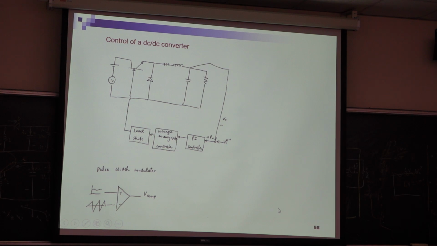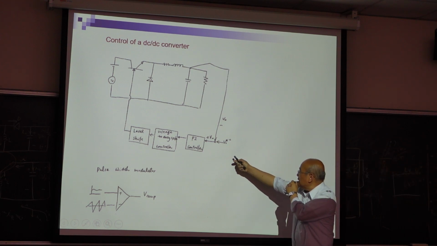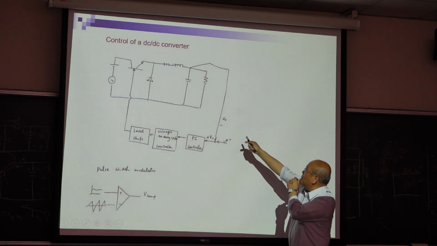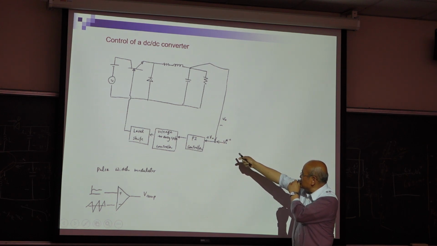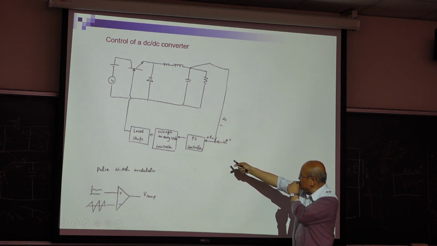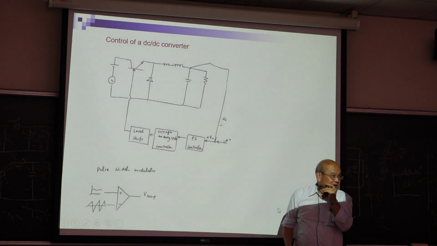So do you need a large ripple or a small ripple? Small ripple. How can you get a small ripple? You say, I put 6 volt here. If my output is not 6 volt, then we have an error. If this is 6, this is 5.5, then this is 0.5, right?